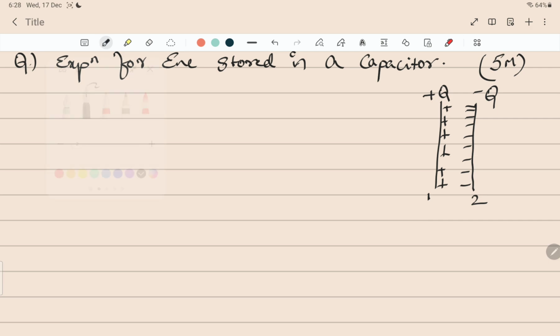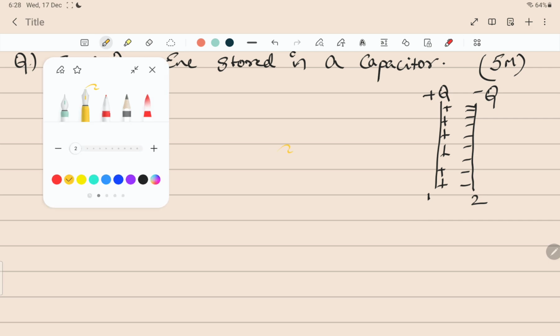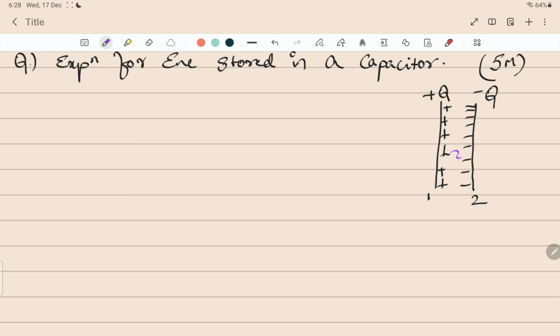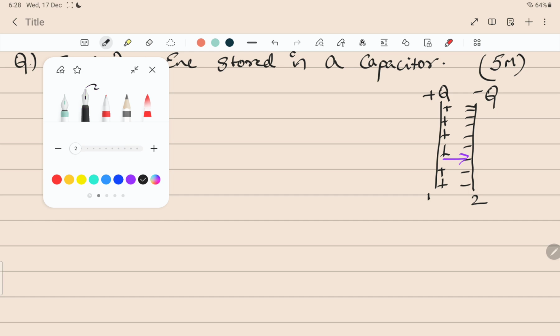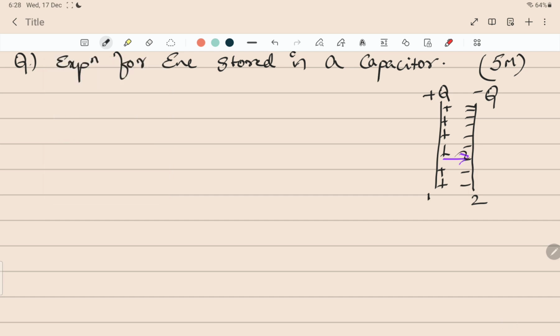So the electric field direction will be from positive to negative, like this. To be honest, it will be in between the plates only.